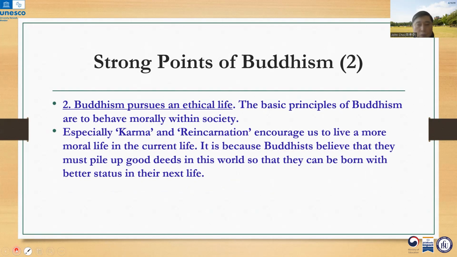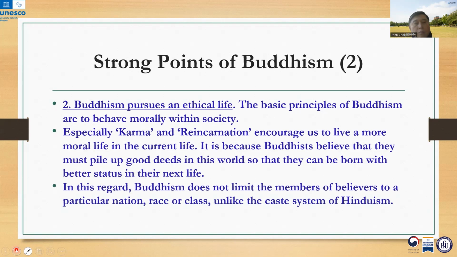It is because Buddhists believe that they must pile up good deeds in this world so that they can be born with a better status in their next life. In this regard, Buddhism does not limit the members of believers to a particular nation, race, or class, unlike the caste systems of Hinduism.